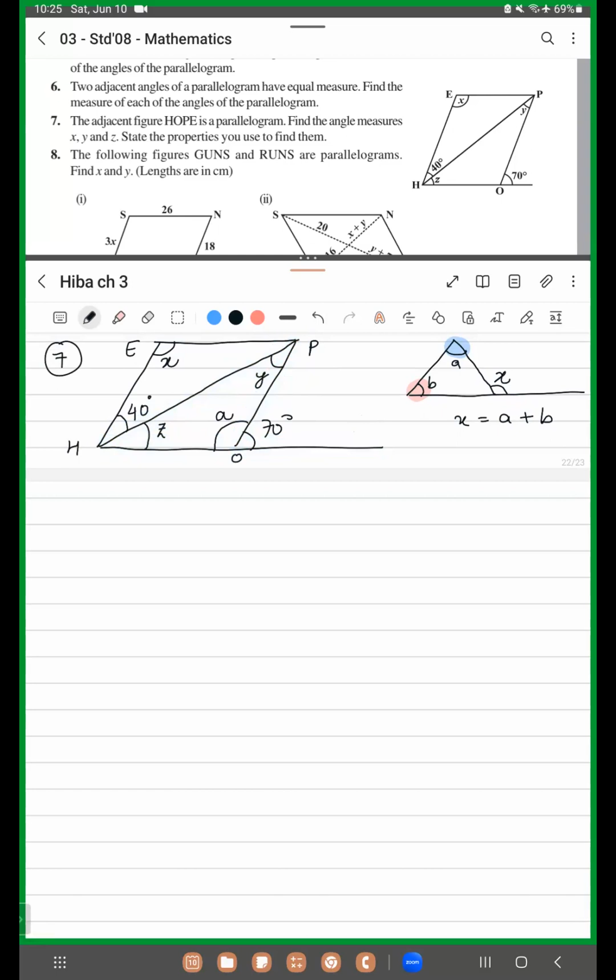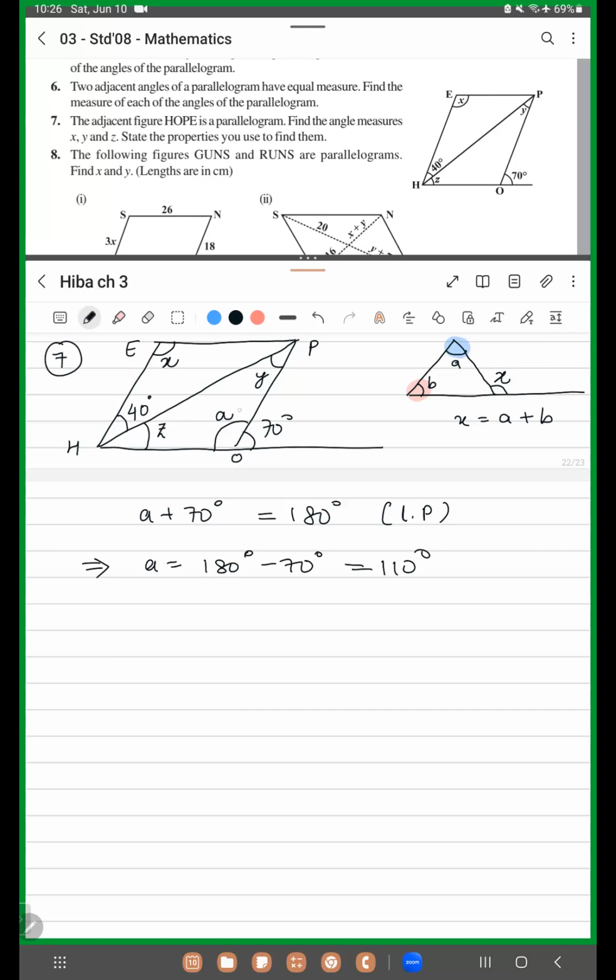First, 70 plus A gives 180, because it's a linear pair. Next, A becomes 110 degrees.